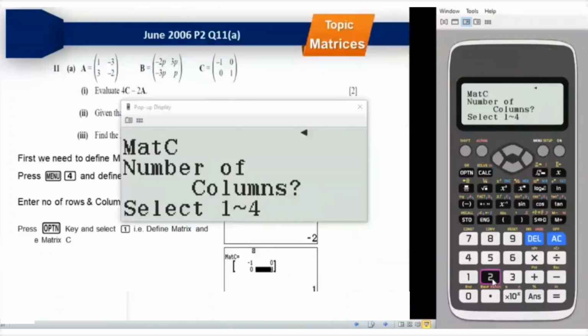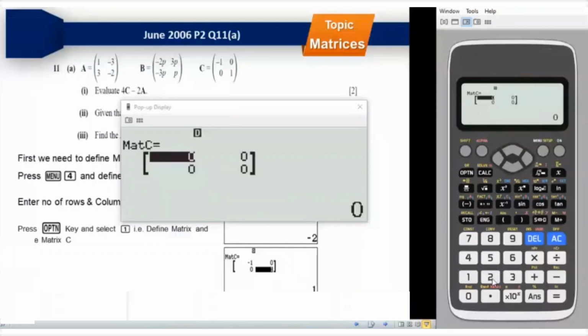So I press 2 for rows and 2 for columns. Then I insert matrix C, that is minus 1 equals, 0 equals, 0 equals, 1 equals. So I have defined matrix C also.